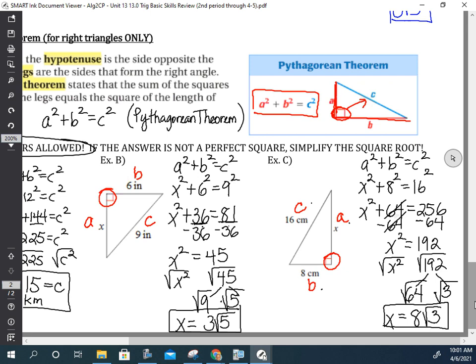So when you take the square root, if you get a nice number back, you're good. If you get a decimal, then you need to break down the square root. If you give a decimal answer, your problem is going to get marked wrong. Any questions with Pythagorean Theorem before we transition into Trig?